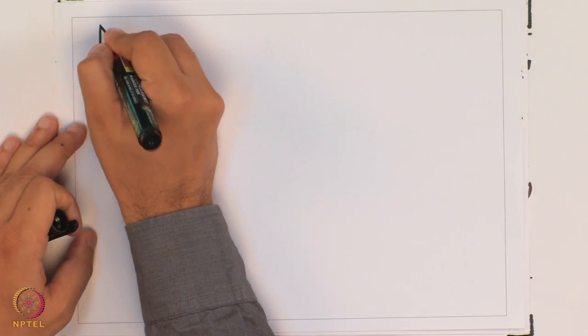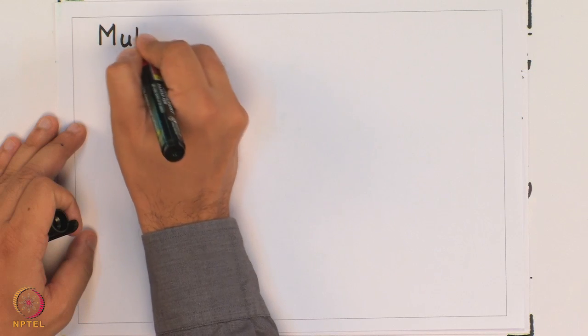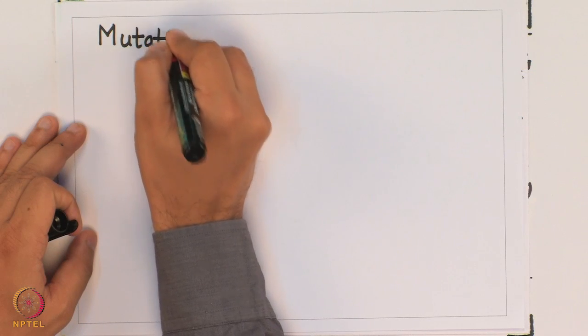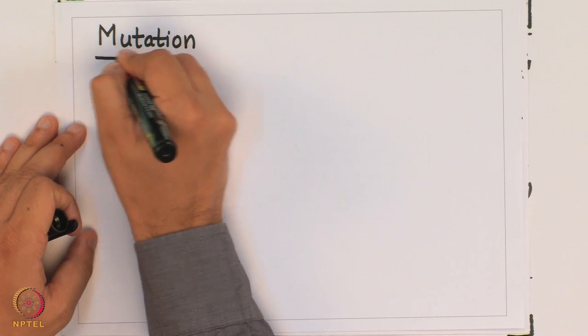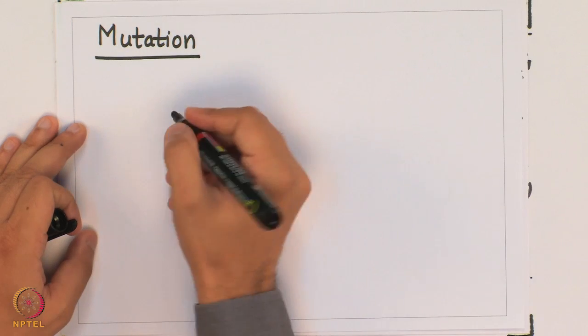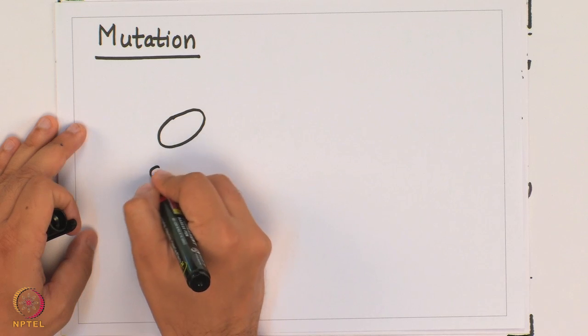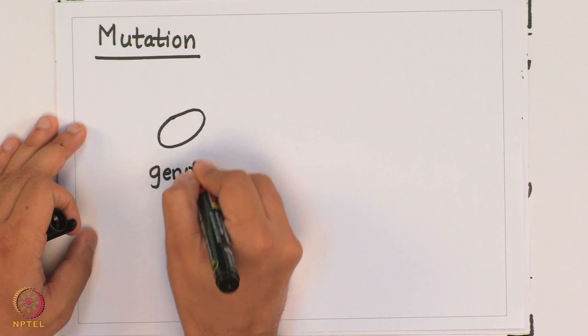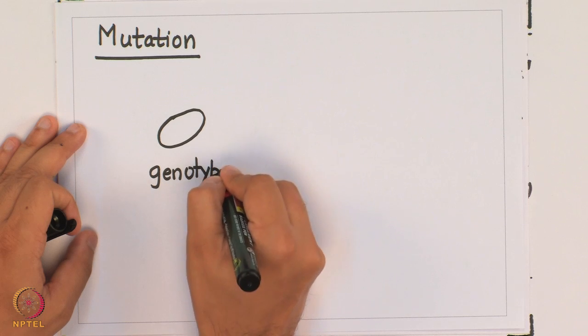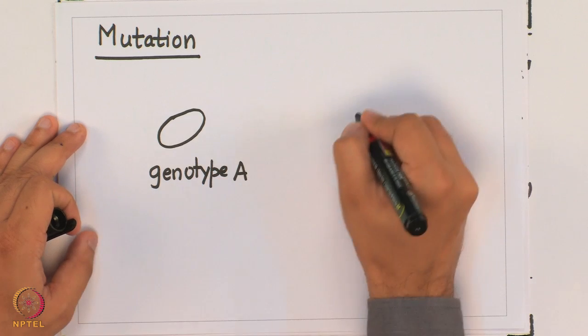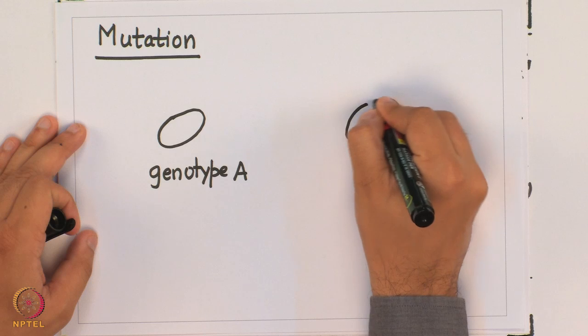So again, as always, let's start our discussion with two distinct genotypes, and let's call them A and B. So this is mutation, and let us say we have genotype A and genotype B.